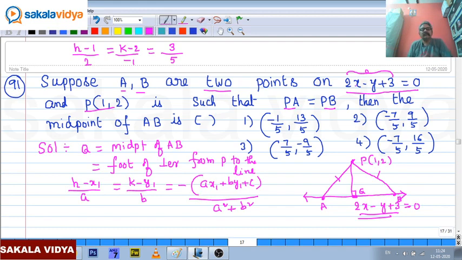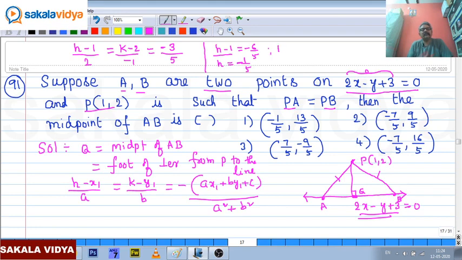This is 2 minus 2, cancel, 3 and minus 3 we have. Okay, right. (h minus 1) by 2 equals, h minus 1 equals minus 6 by 5. So h is equal to minus 6 by 5 plus 1, minus 1 by 5.